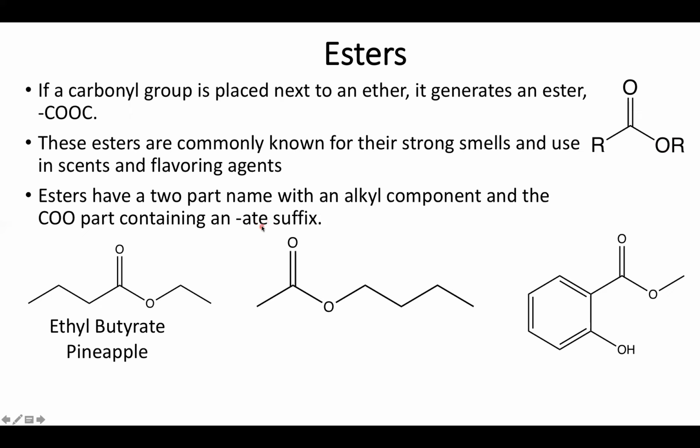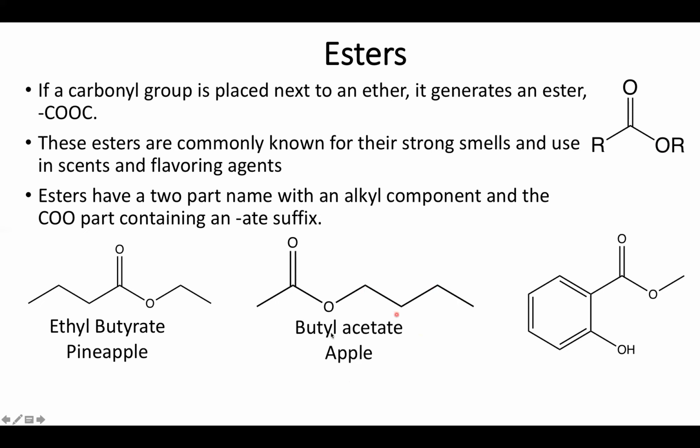So for example, on this first group, we have ethyl, 1, 2, 3, 4, butane. So this becomes ethyl butyrate. So this is the classic smell of pineapple. So if you have something that has artificial pineapple flavoring, it usually will have ethyl butyrate. In this case, we've got 1, 2, 3, 4. So now we've got butyl acetate.